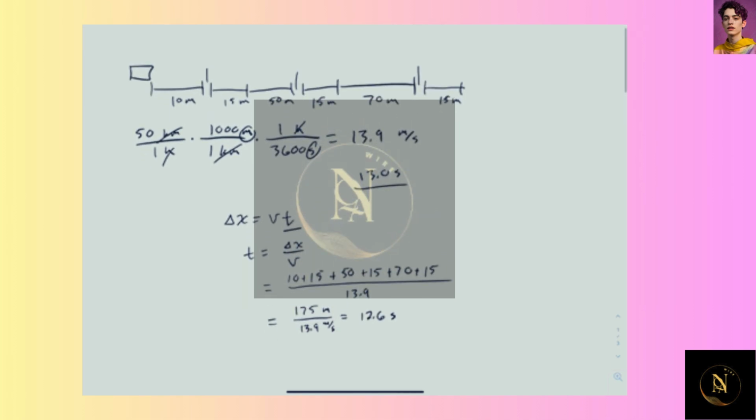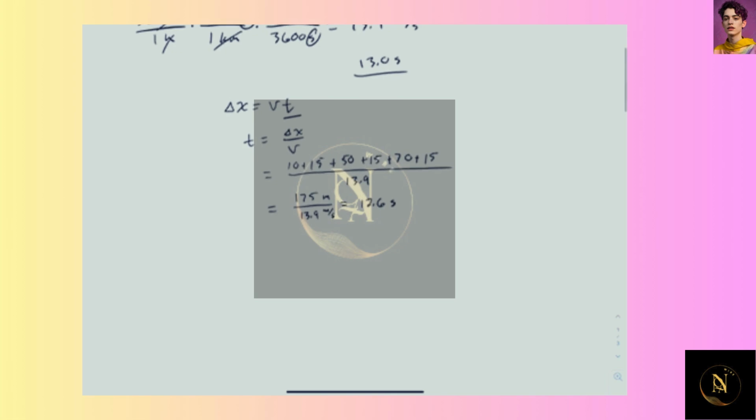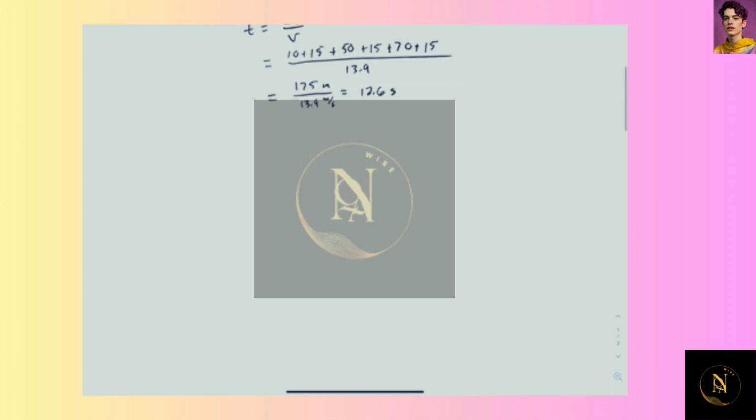Now the second car, important to note, it's starting from here. So its total distance is going to be not 175, but 165 meters. And so first it's going to accelerate to the speed limit. So I'll find out how far it gets during the acceleration.